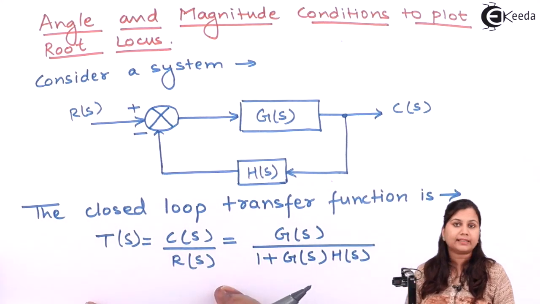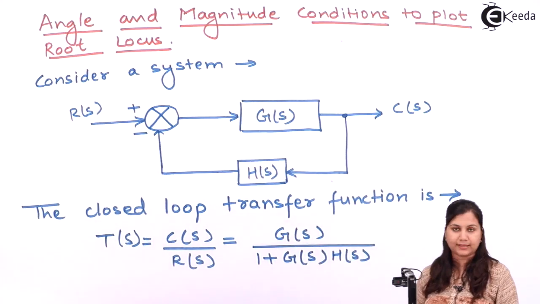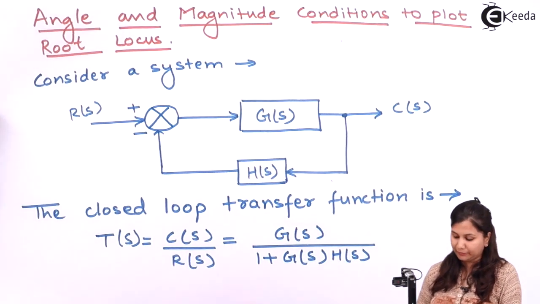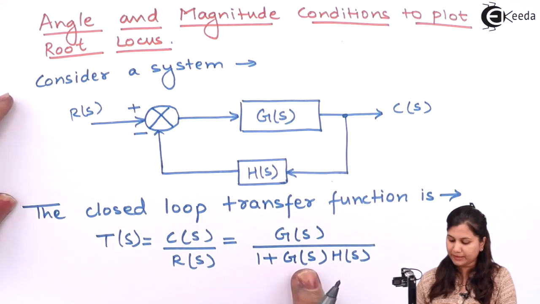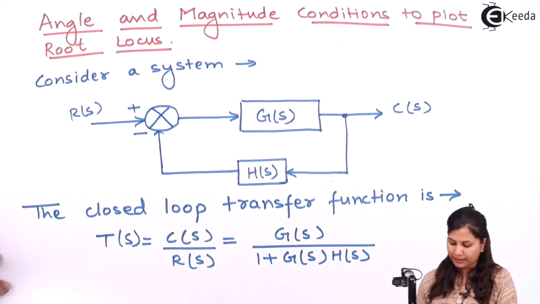Now if we write the characteristic equation for this system, it can be obtained by equating the denominator part, that is 1 plus GSHS equals to 0.